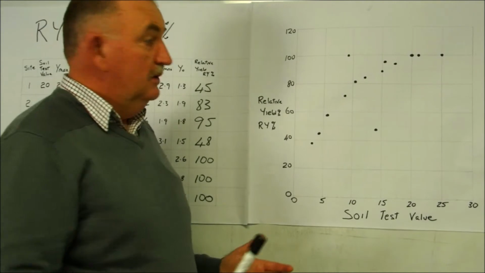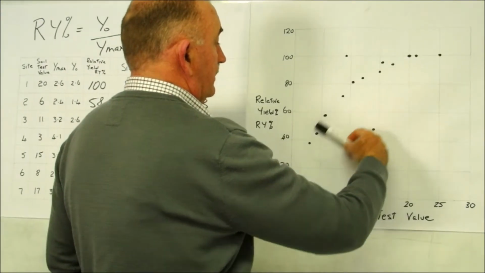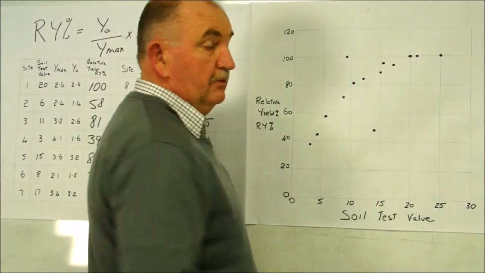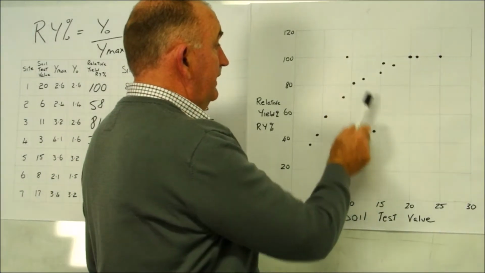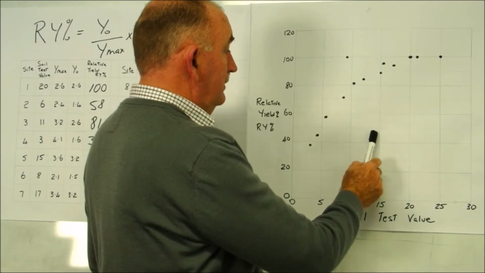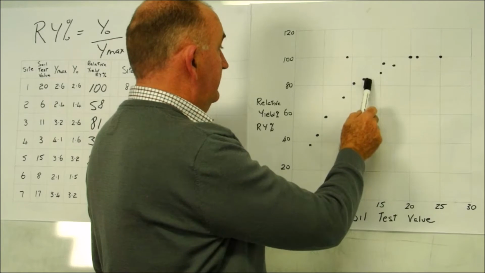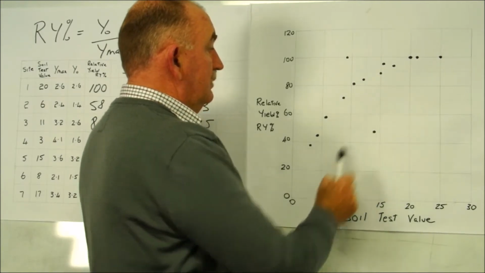So now you can see we've got a fairly good calibration curve which would have quite a good R or R squared value if it wasn't for these two outliers. So there's a couple of outliers here. This one here had a soil test value of about 14, and you would have expected it to be up here with the others, in that range, but it's not. So what's happened there?